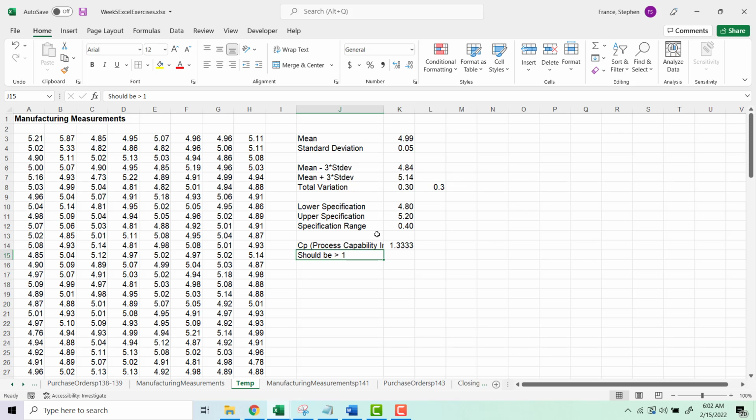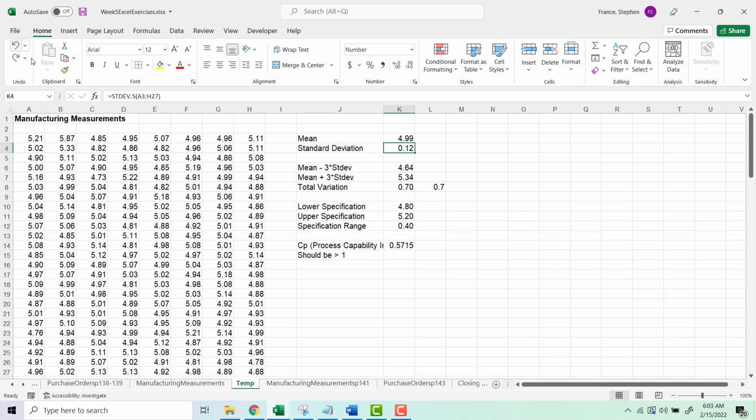So the idea is this should be greater than 1. And if we go back to our original 0.12, if we had slightly more lax specifications, then you can see we just about get over 1. So going back to our initial example.